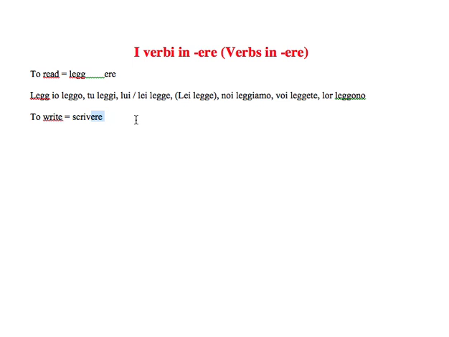So you know exactly that Paul is equal to he and she. Then you drop -ere and find the right ending for he and she. The right ending is e, so you will write scrive. This is the root, then you find the ending. So Paul scrive una lettera.